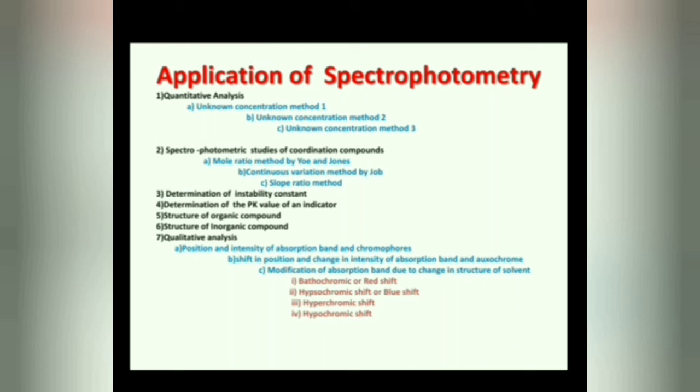For example, groups which have an electron pair, that is OH, NH2, OR, NHR, NR2, or a group which is capable of donating an electron pair, can act as an auxochrome.